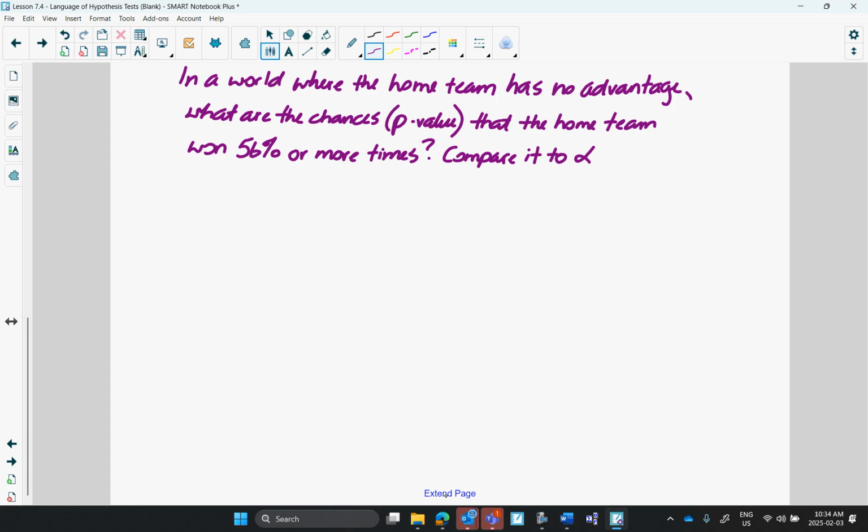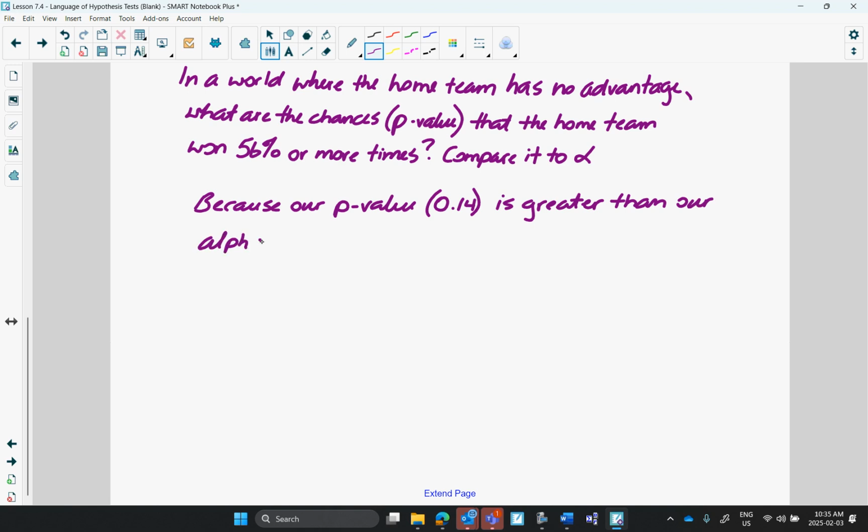So we would say, because our p-value, 14% or 0.14, is greater than our alpha level (0.05), we fail to reject H0. We can't reject it.